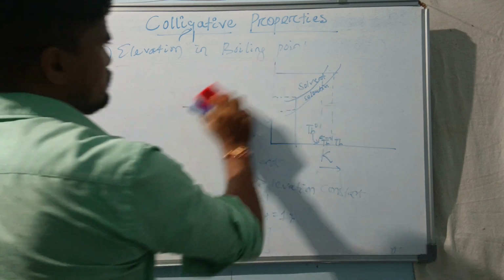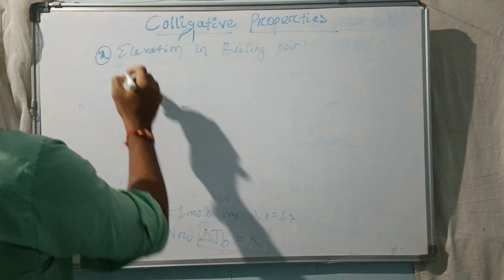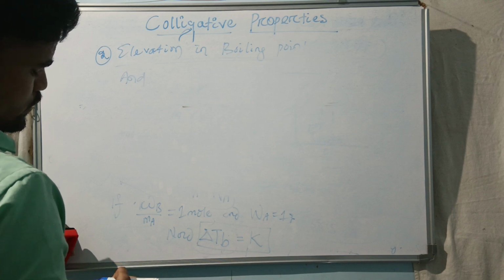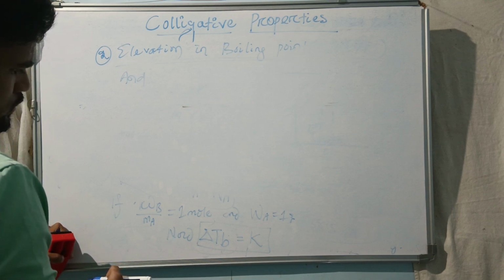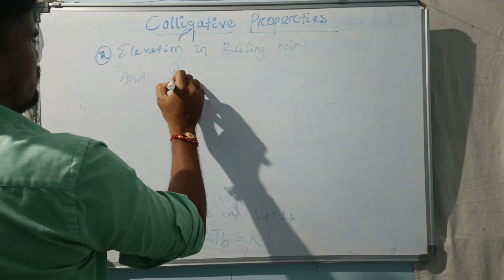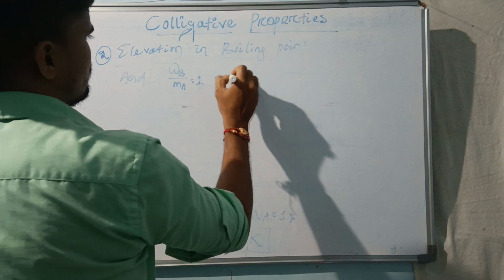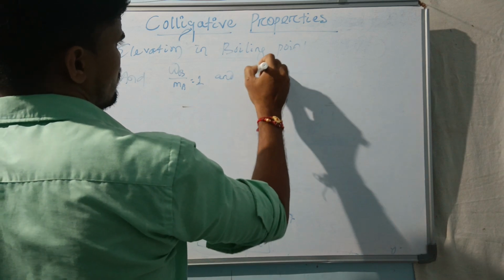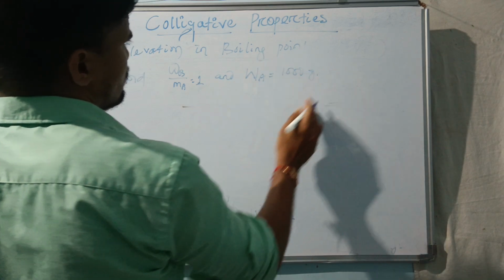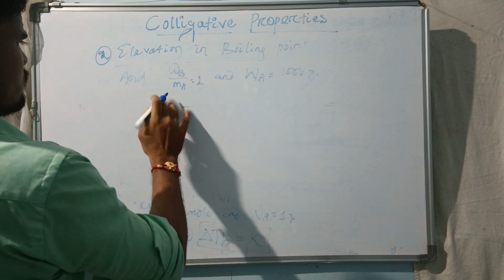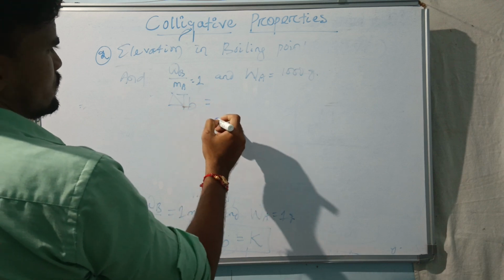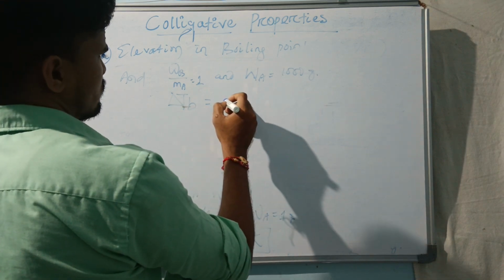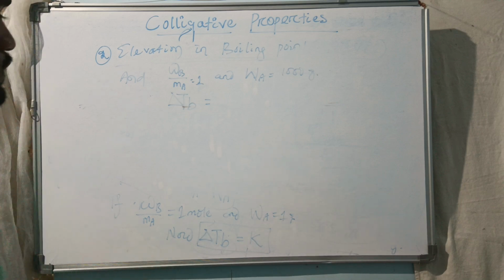Again, if we take WB upon MA equal to 1 and WA equal to 1000 gram, what is delta TB now?